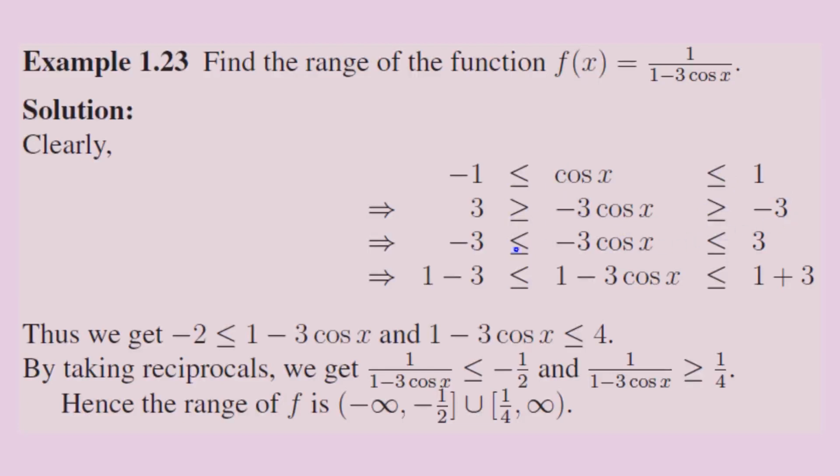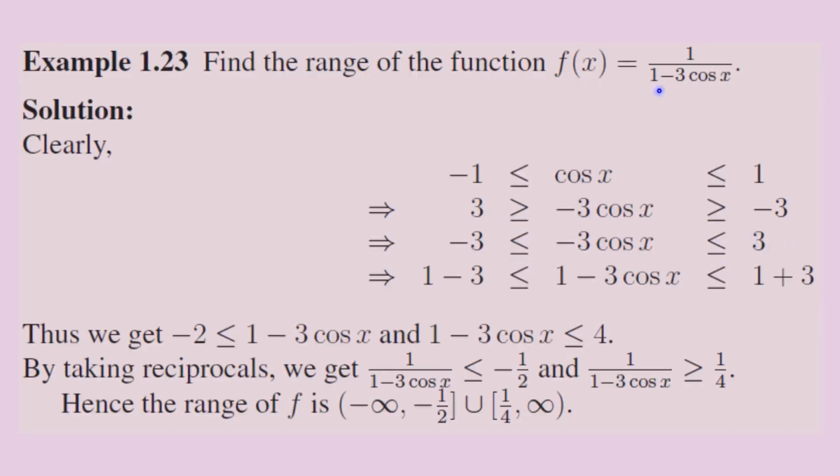Next இந்த term-ஐ அப்படியே மாத்தி எழுதுறாங்க. That is இங்க இருக்கிற minus 3-ஐ first கொண்டு வந்துட்டாங்க அப்படின்னா minus 3 less than or equal to minus 3 cos x less than or equal to plus 3 கிடைக்கும்.